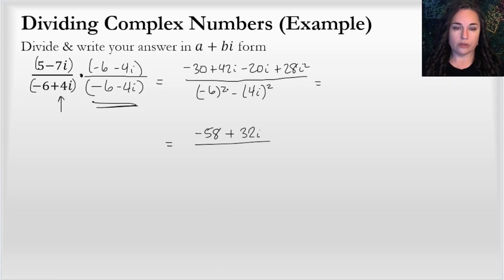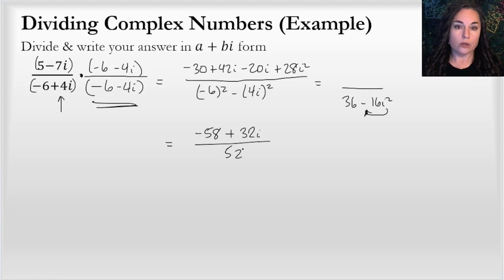I'm going to put that over the bottom. The bottom is 36 minus -16, and 36 minus -16i squared. i squared is -1, so I get 36 plus 16, which is 52.